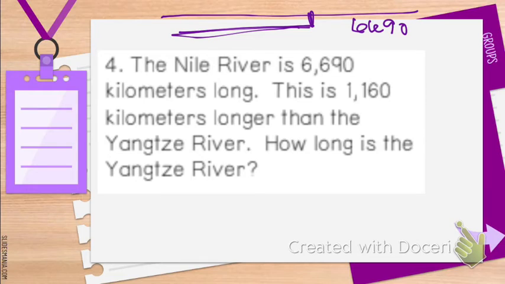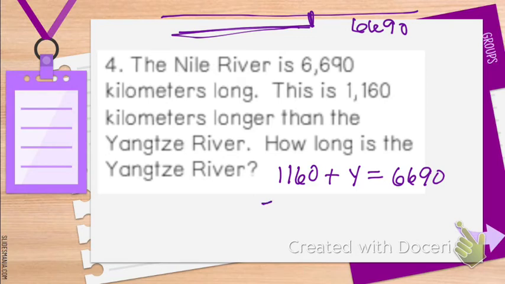We would say 1,160 plus what length, I'm going to say y, equals 6,690. Because when you solve it, you would do the inverse operation, which is subtraction. Okay, so how did you solve it? Did you do this?